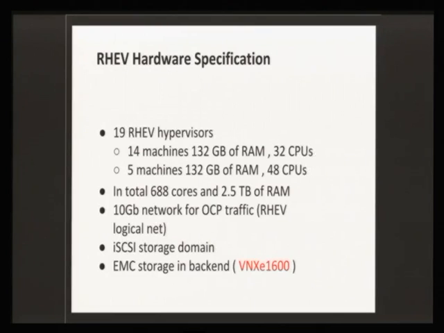As storage, I used the iSCSI storage domain on RHEV, and all virtual machines were using it. The storage backend, I mean the hardware, was a VNX 1600 from EMC. Not the best solution, I think.